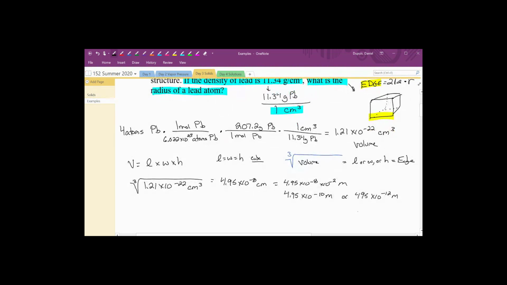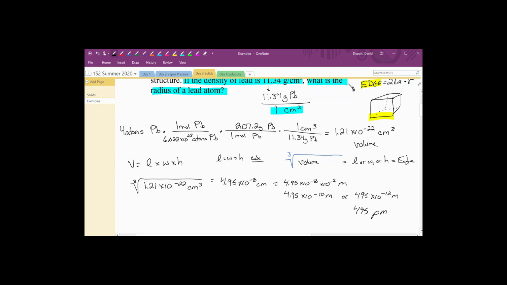Well, that's where we like to go, because it's 495 picometers. And a lot of these are in picometers. That's an easy way to convert. You can go centimeters to meters, meters to picometers. I don't care how you do it. But the answer is probably going to be in picometers. It doesn't say that, but that's what it's probably going to be in.